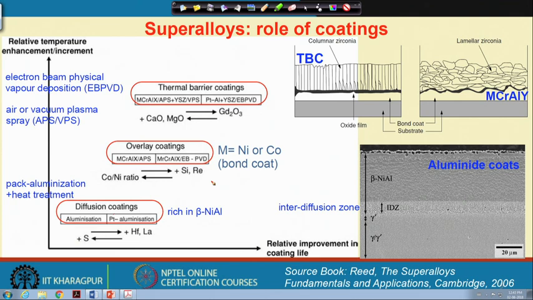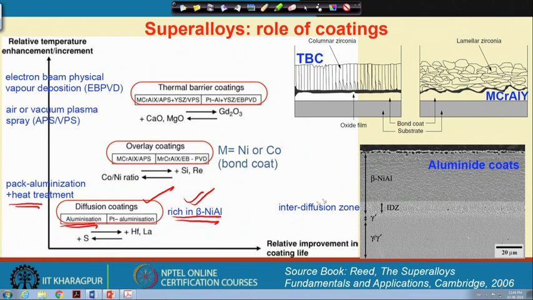However, the question is how this coating looks and how it is processed. Let us say after finishing a blade, how do we put some coatings there. There are some specific advanced techniques like the pack aluminization technique, okay, by which we can produce this diffusion coating. Mostly these diffusion coatings are aluminum containing alloys, rich in nickel aluminide, with the beta phase mostly dominating.